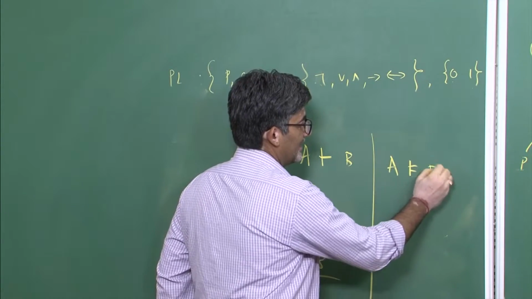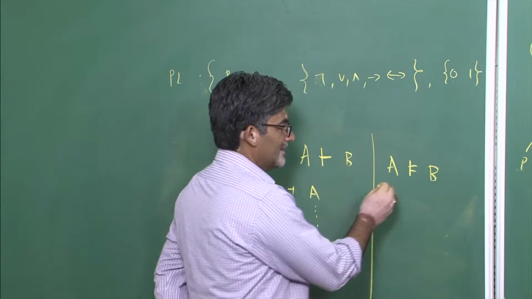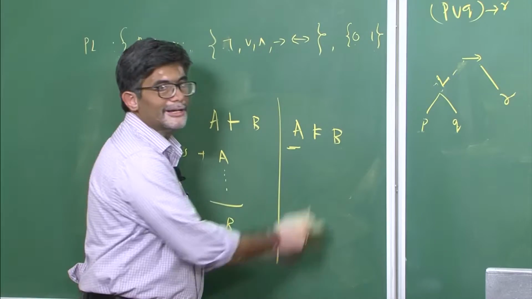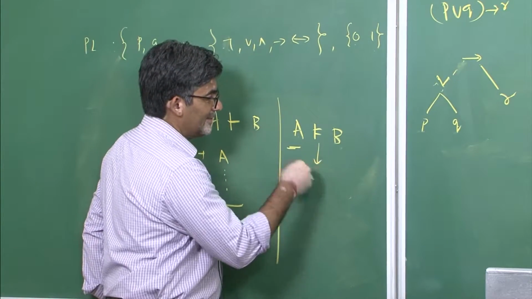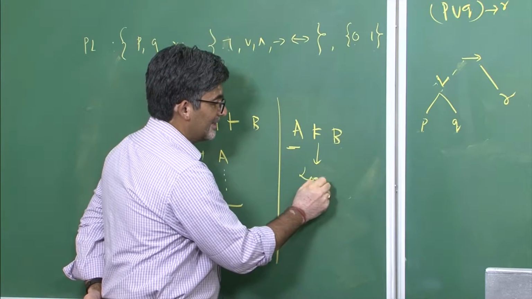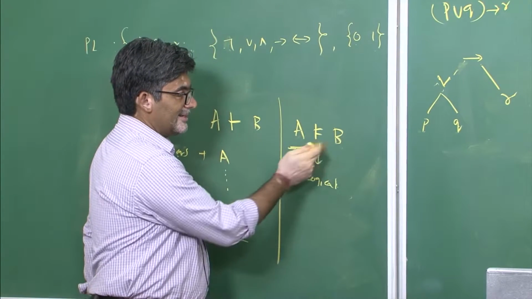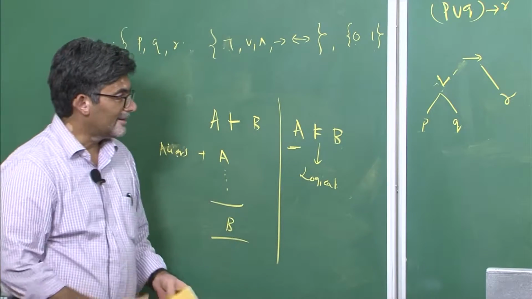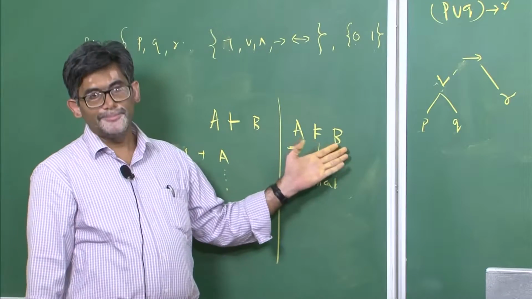When I write A double turnstile B, this means that under all interpretations where A is true, B also has to be true. We will discuss this symbol in greater detail a little later. This is also called logical consequence or semantic consequence: B is a logical consequence of A, or A makes B true.